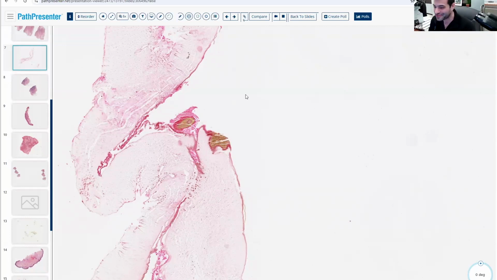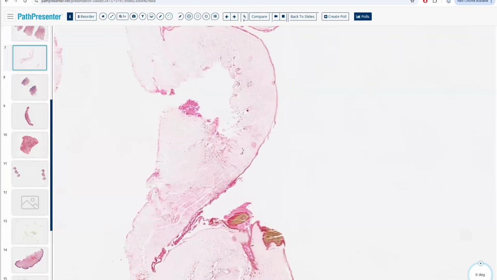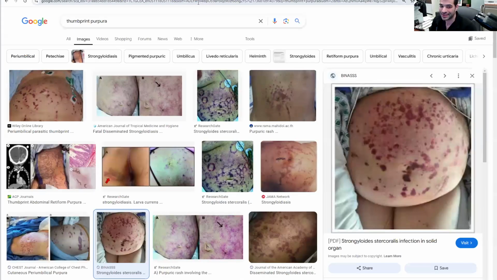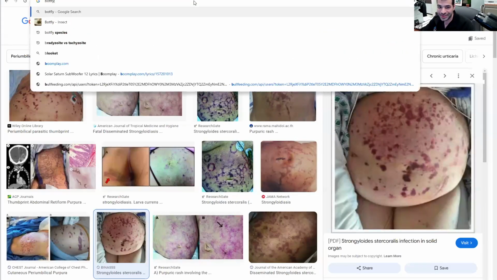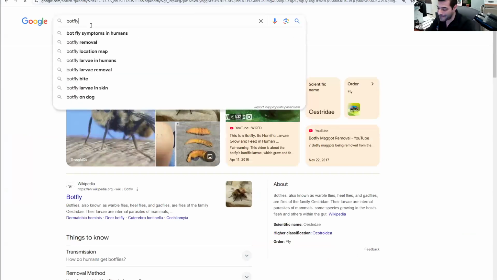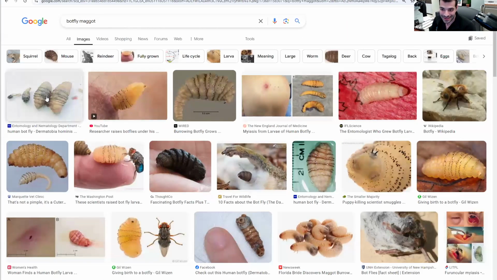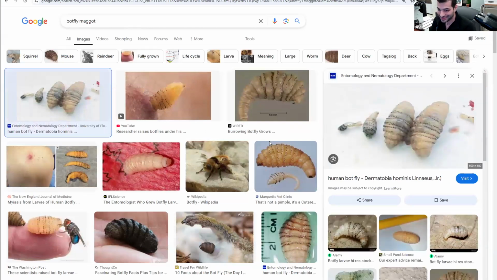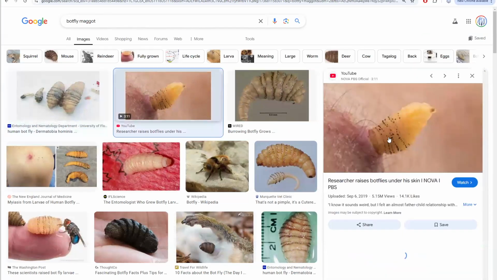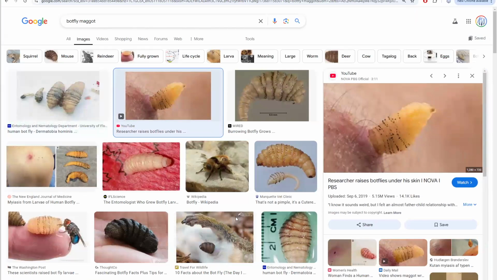Grubs are for beetles, maggots are for flies. So this is a botfly maggot. See that? These are botfly maggots. Oh yeah, this is like on all those videos I see of people. Yeah, they put a little bit of Vaseline over top.